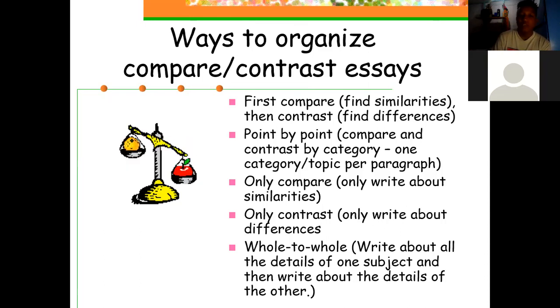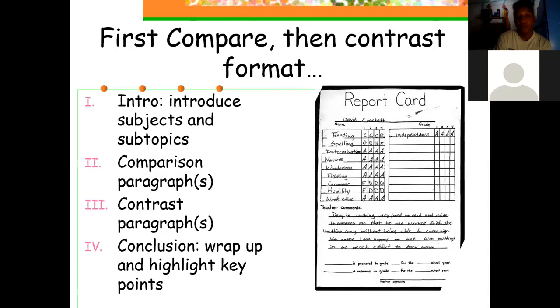In the next one, you can write only the contrast: what is the difference between the two subjects? In the final paragraph, the conclusion, you write about all the details of the subject, and then write about the details of the other.